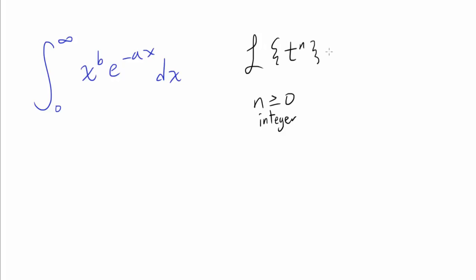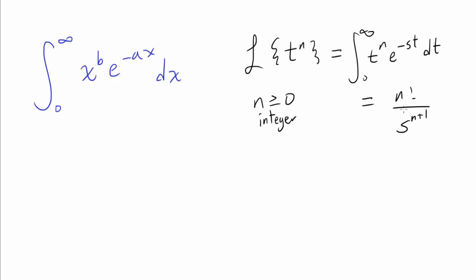And of course, by definition, the Laplace transform of t to the nth power is the integral from 0 to infinity of t to the nth power times e to the negative st dt, and this is n factorial over s to the n plus 1 power. And we see that our integral looks the same. Instead of t, we have x, and instead of n, we have b, and instead of s, we have a, but these two are identical.